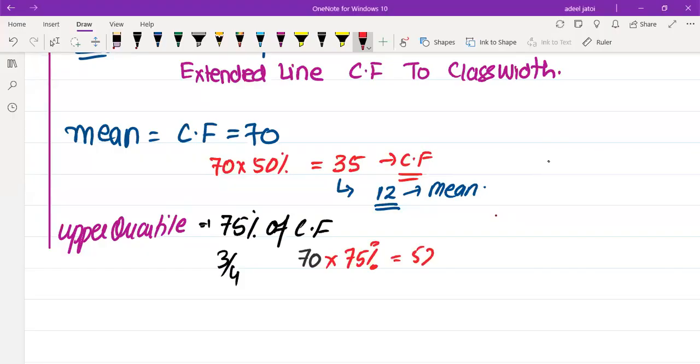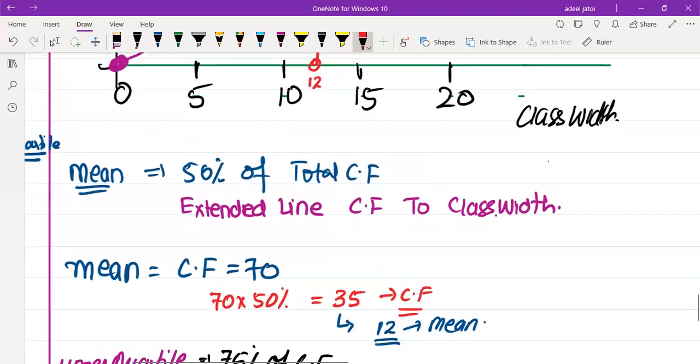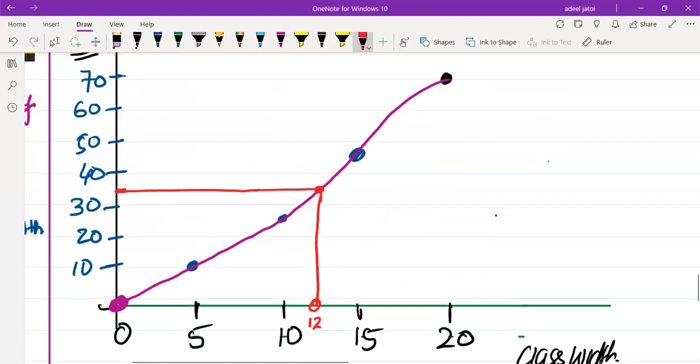So this is 52.5. Now this 52.5 is the upper quartile cumulative frequency. This is not your answer. So what we're going to do is, we'll make a line from 52.5. Let's say 52.5 is here.